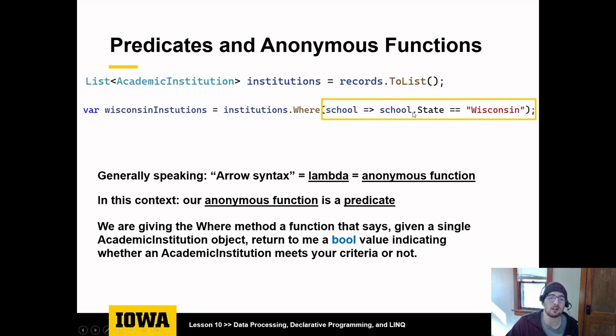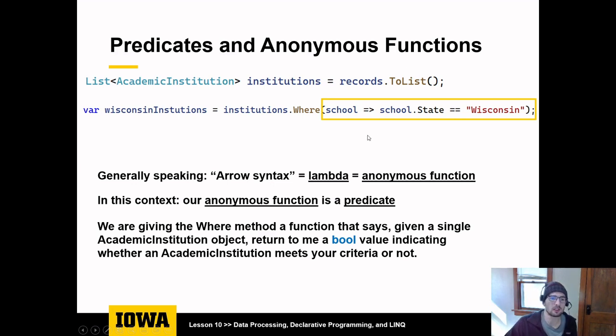You'll see this returns a Boolean, a true or false value. It's kind of like our if statement, which needs to operate off of a true or false value. That's what's going on here. So it's a function that takes in an academic institution and returns whether that institution meets our criteria or not. Okay, so that's how to read this.